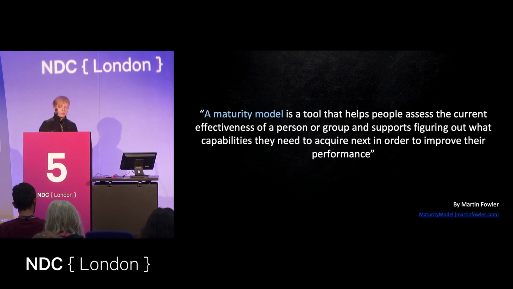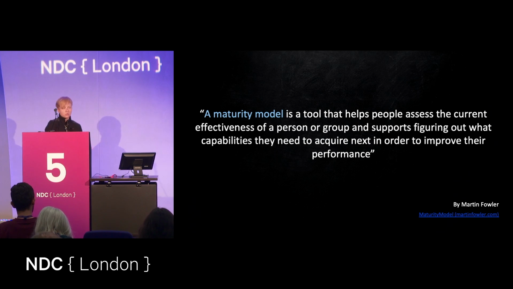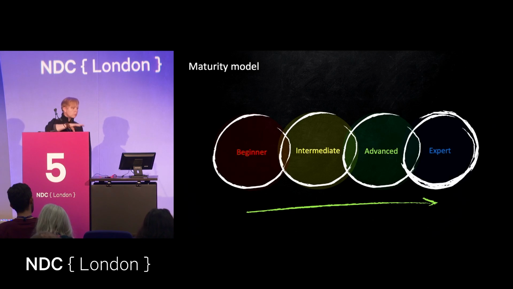It's a very popular thing. You could see them in different areas, like in development, in security. In security, sometimes it's overused, and usually it defines levels. Here's one example, a pretty classical one. You are at the beginner stage, then you move into intermediate, advanced, and then you become an expert.